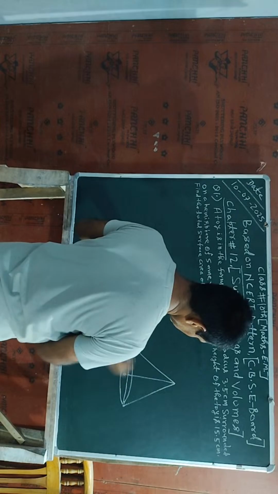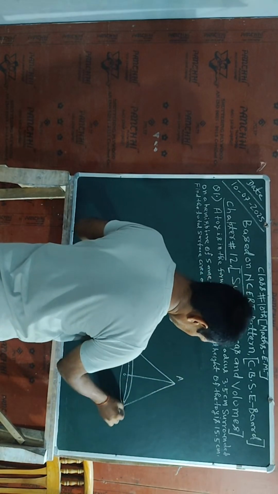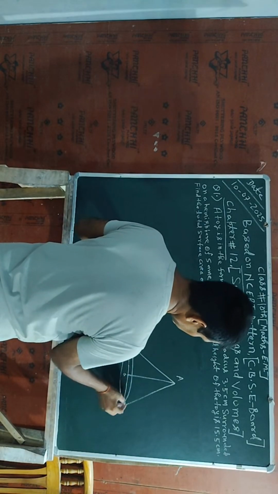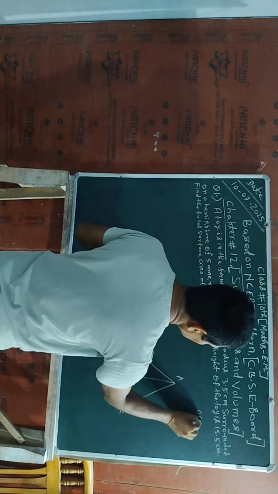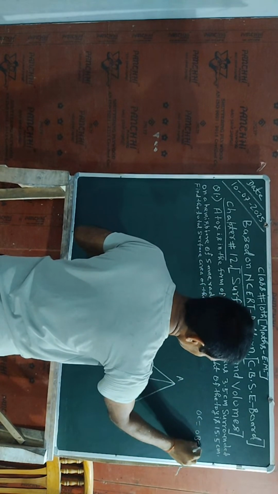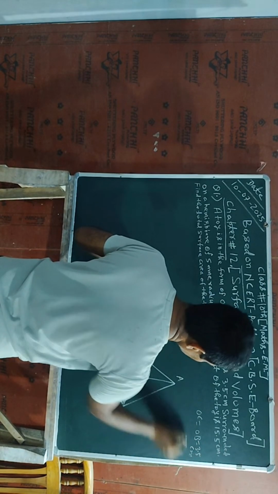I will say this is the point O, A, B, C, and this point is O. So OC is equal to OB, which is equal to the radius 3.5 centimeter. That is given in the question.